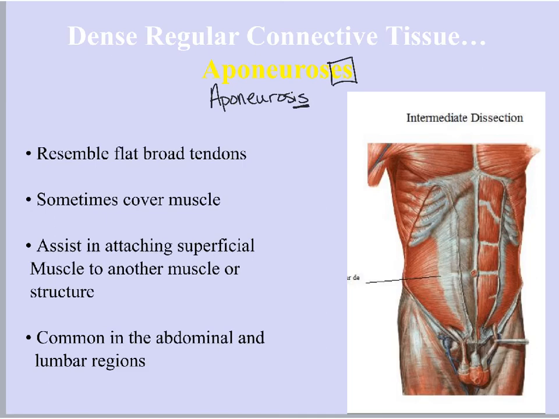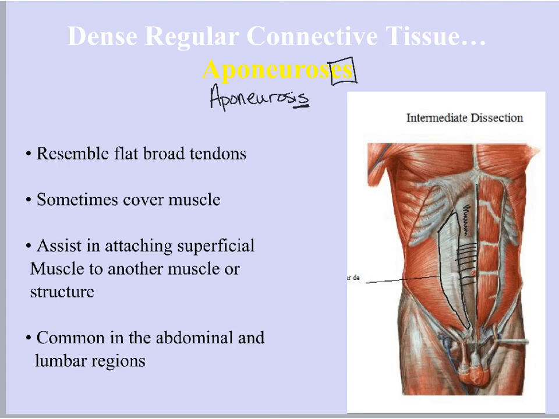So an aponeurosis is a big, broad, flat tendon, essentially. They're common in the lumbar region and in the abdominal region, and sometimes they cover muscle. This author has cut away the rest of the aponeurosis here, but if we could draw some of the fibers back in, it would attach this oblique abdominal muscle right to the midline.